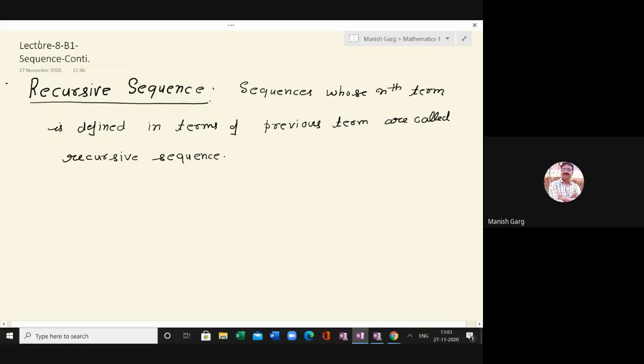For example, take the first example. Let x1 be equal to square root of 2 and xn equal to square root of 2 plus x(n-1), for n greater than 1.